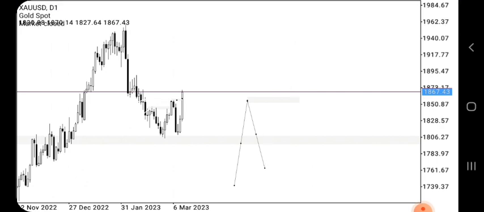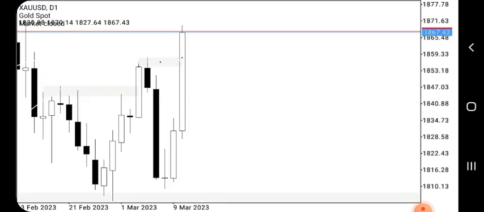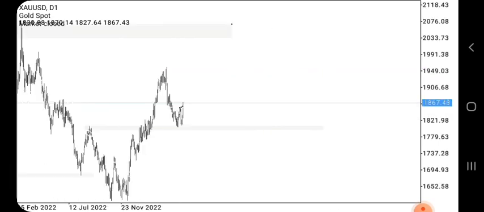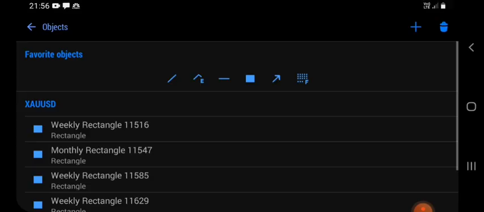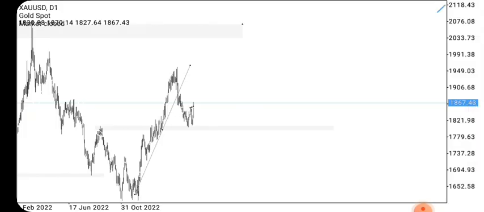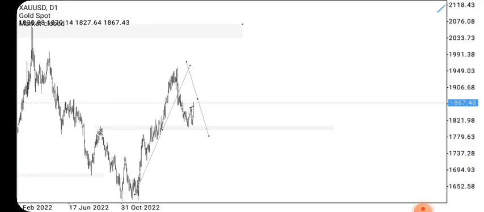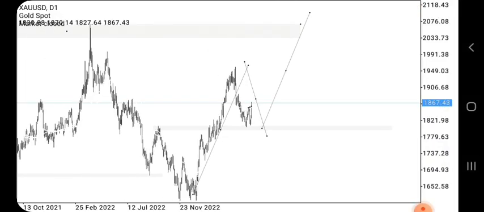Gold just made the breakout of the structure on the daily time frame. This is proving that our weekly time frame completed the pullback. Now we are waiting for a continuation on the weekly time frame.